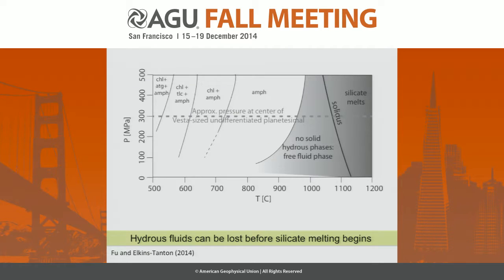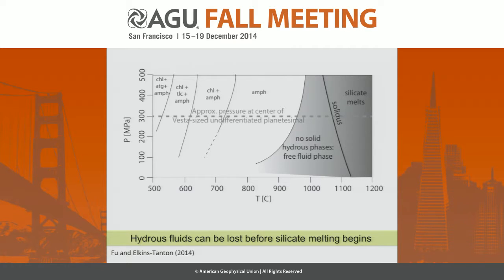Well, one of the first things that's going to happen is that volatiles will be released through heating of the silicate phase. And what you see here is a graph that shows pressure on the vertical axis and temperature on the horizontal axis. And that dashed line through the middle is approximately the pressure at the center of a Vesta-sized undifferentiated planetesimal.